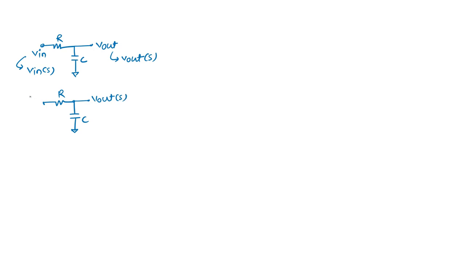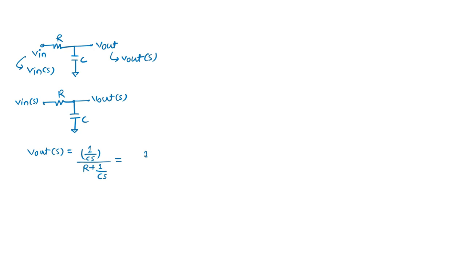Vout of s over Vin of s: what is Vout of s? Vout of s is 1 upon cs over R plus 1 upon cs. Simple resistive divider.